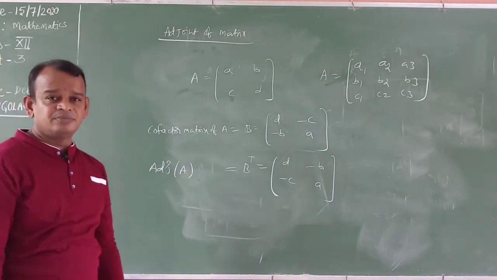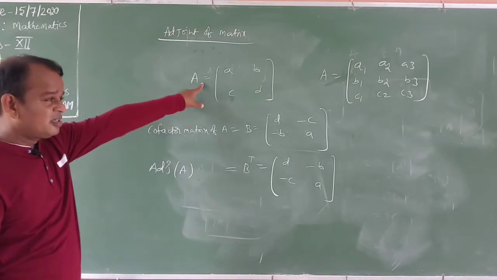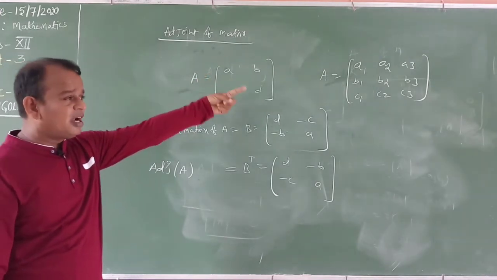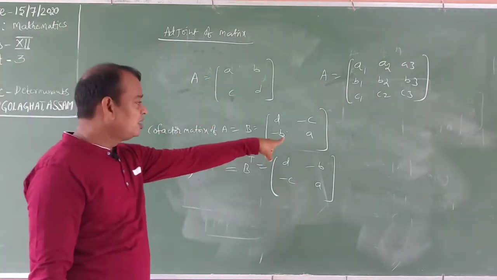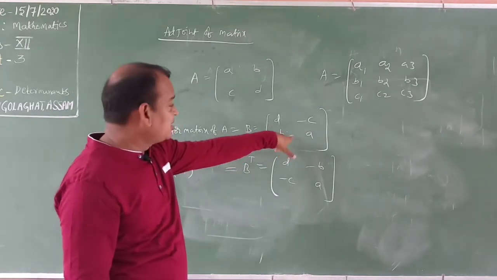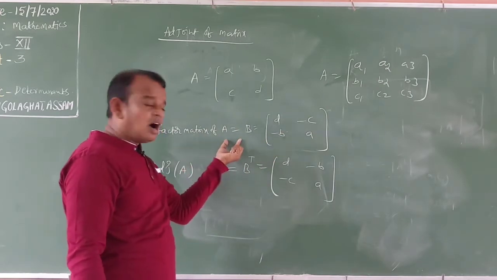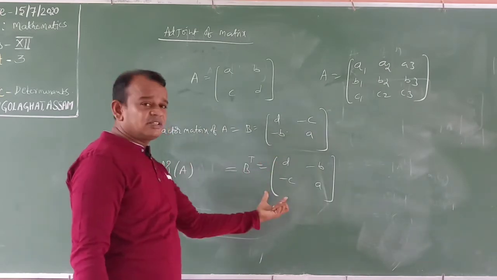Simple. What is the definition? Understand or not? The elements of the given matrix are replaced with their corresponding cofactors, and we get the cofactor matrix. After that, we transpose the cofactor matrix.